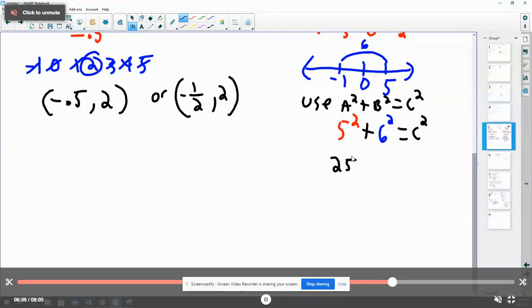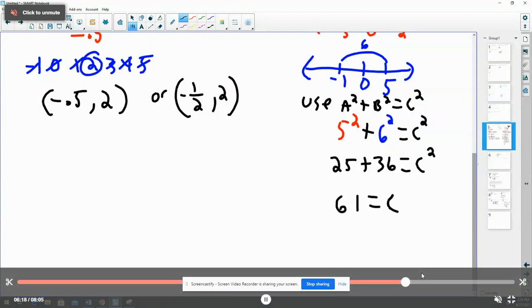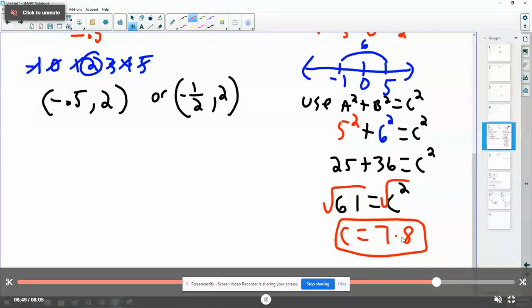Okay, 5 squared is 25, 6 squared is 36, equals c squared. Okay, 36 plus 25 is going to be 61. And we have to take the square root of both sides. We're going to use a calculator for that, and we'll get c equals 7.8.